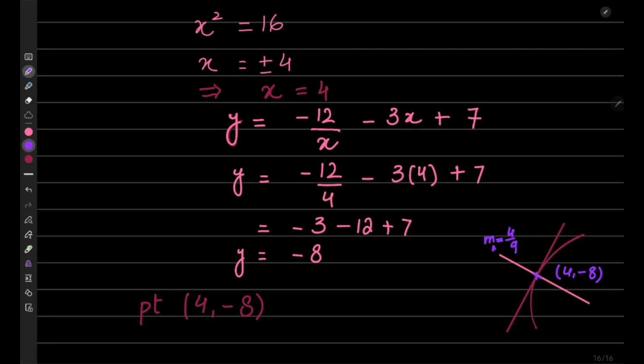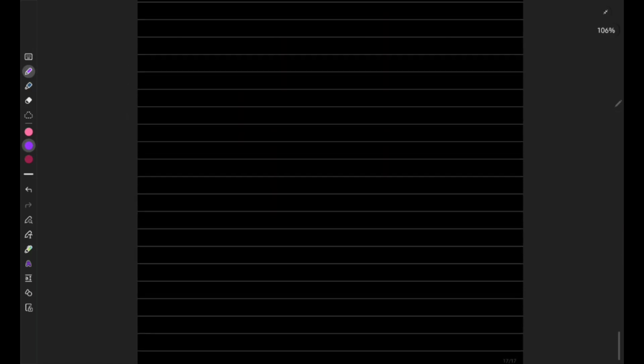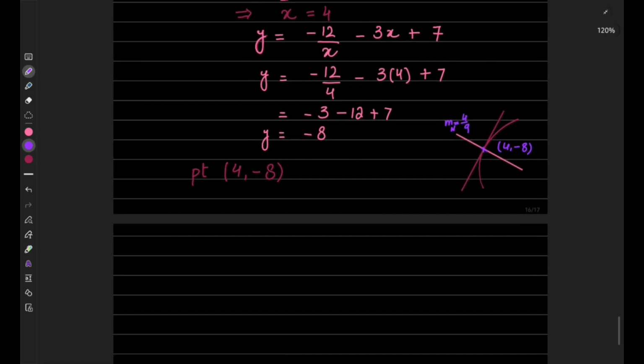Now we can use this information to write the equation of the normal. I'm using the point slope form: y minus y1 equals m times x minus x1.